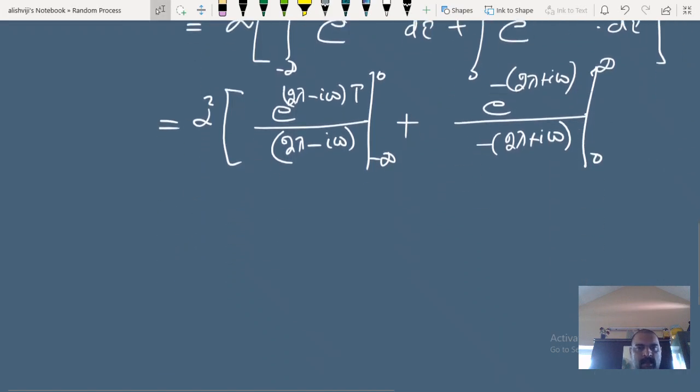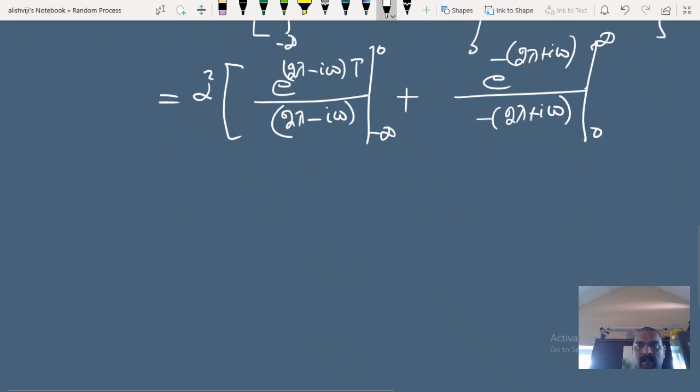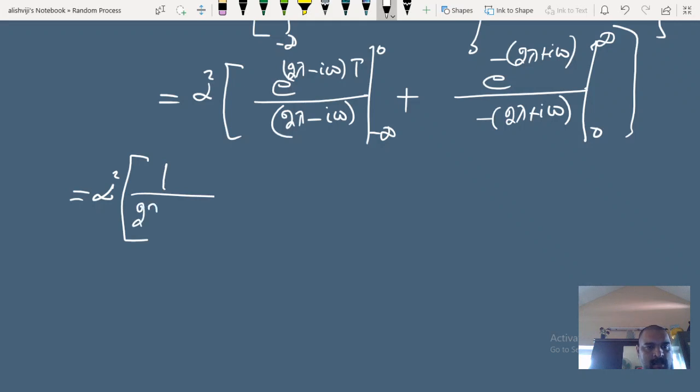Now, applying the upper limit and lower limit, we have alpha square into, when we substitute tau equal to 0, e raised to 0 is 1, so it is 1 by 2 lambda minus i omega, minus the lower limit when tau is minus infinity.